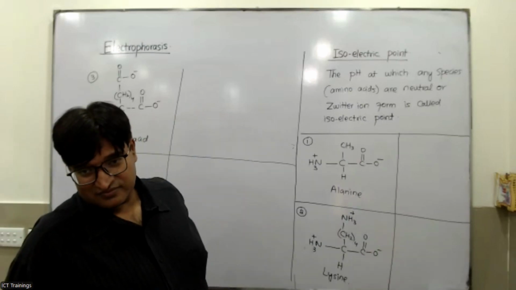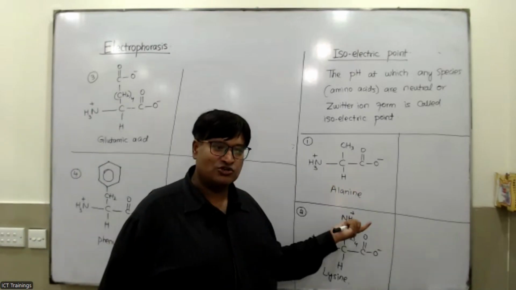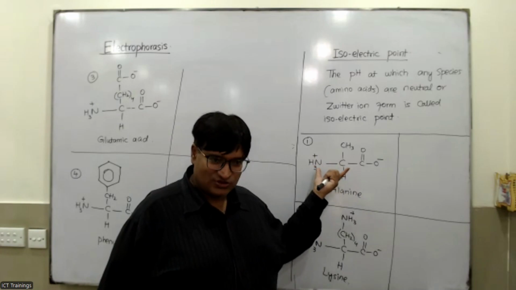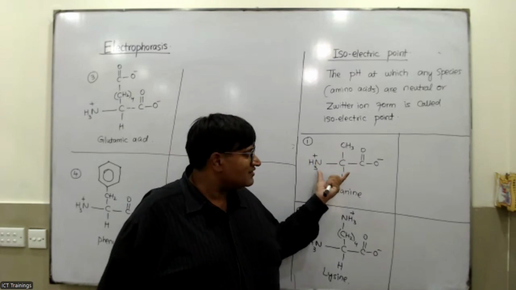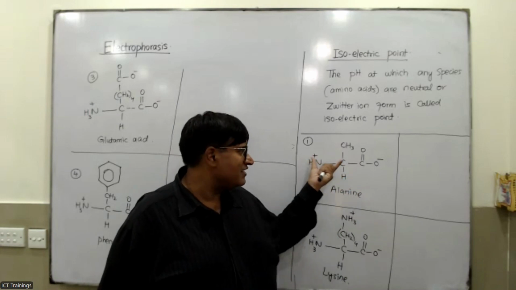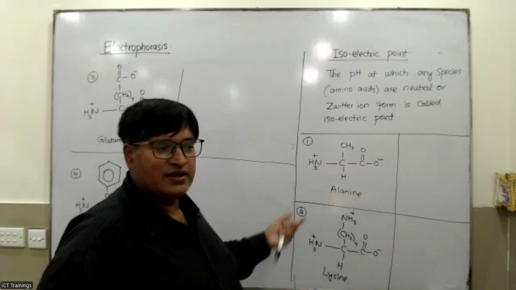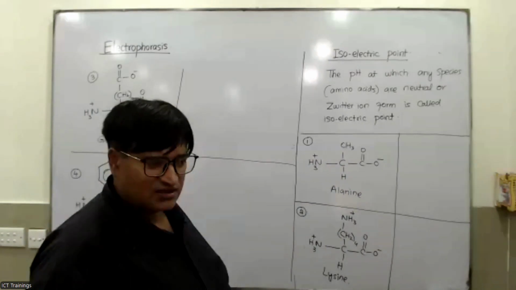As a whole, it is neutral. This whole amino acid is neutral. Muskan, what do you think? What would be the isoelectric point for this amino acid? This is already neutral. Tell me any pH, whatever you think.